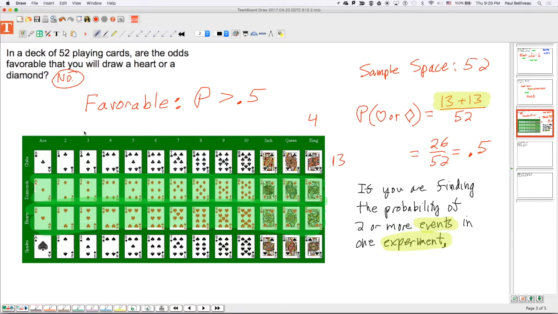I mean, pulling a heart is one event. Pulling a diamond is a different event, but we're only pulling one card. We're only doing one activity. We're pulling one card out of the deck. But we're willing to count either of those events. Well, if you're trying to find the probability of 2 or more events occurring in the same experiment, you add the probabilities.